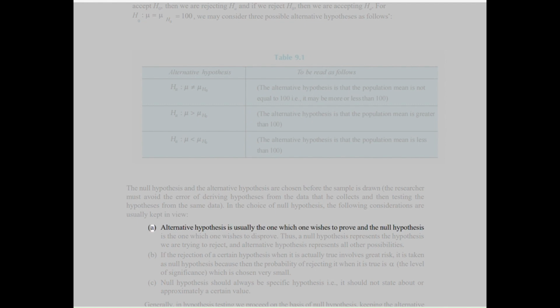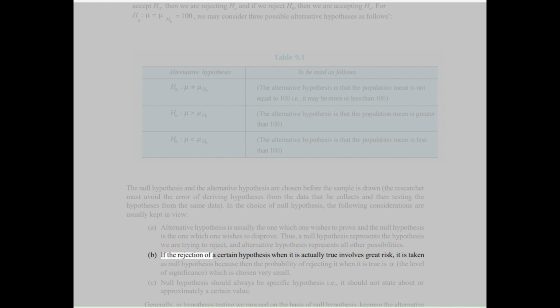A. Alternative hypothesis is usually the one which one wishes to prove, and the null hypothesis is the one which one wishes to disprove. Thus, a null hypothesis represents the hypothesis we are trying to reject, and alternative hypothesis represents all other possibilities.